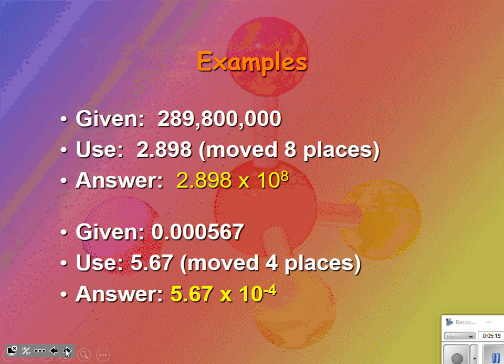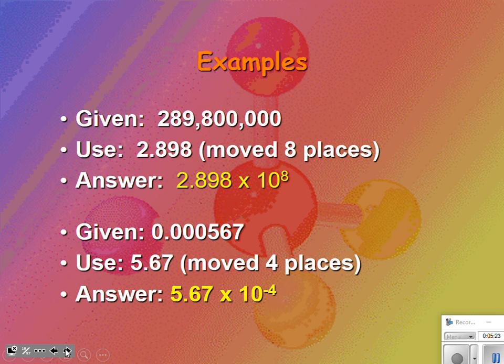Here's the examples. We're going to look at this. Now, first of all, as we start this off, there is not a decimal in this number, 289,800,000. There's no decimal. So where does the decimal go? Where does it belong? Jacob? Behind the last zero, right here, correct?